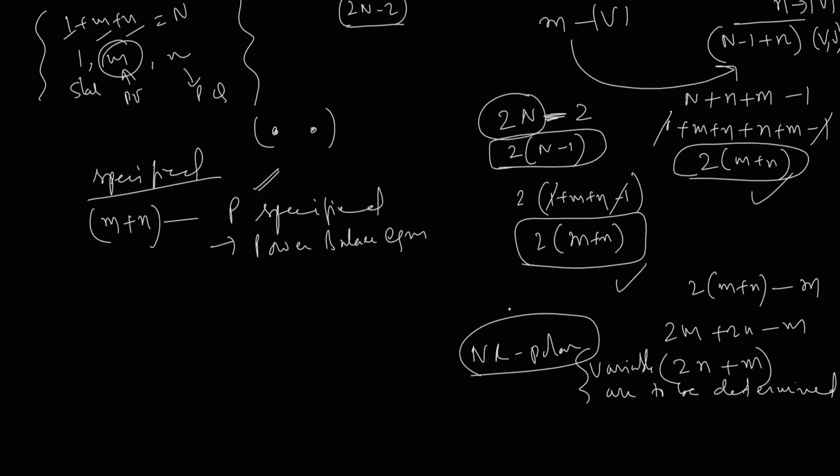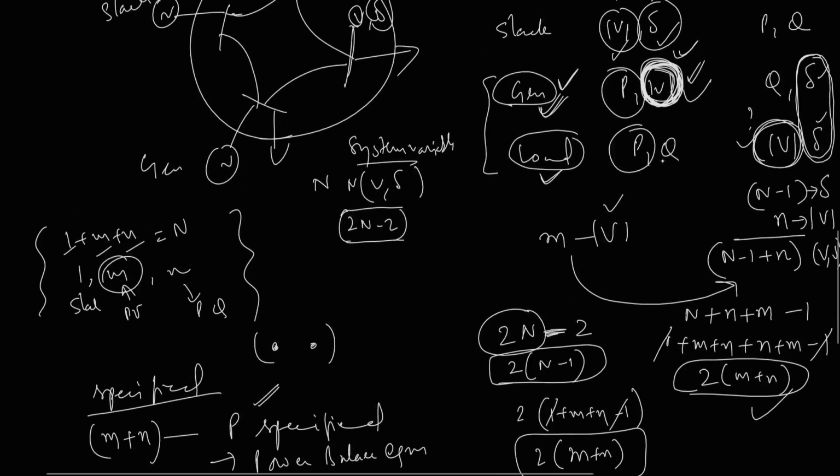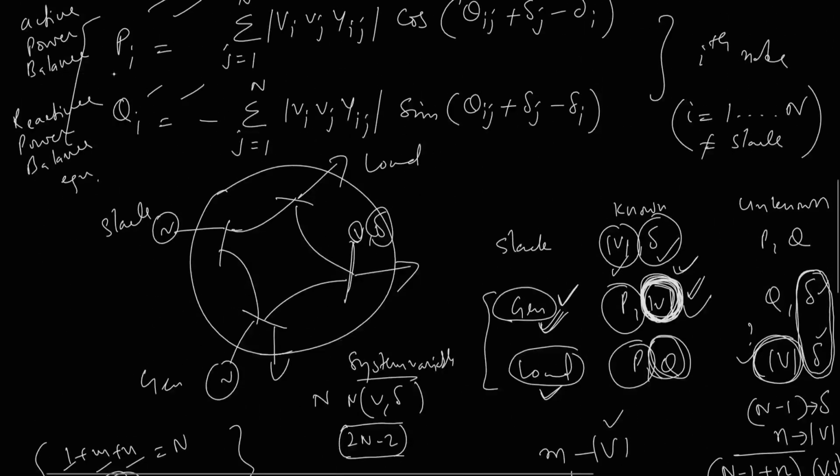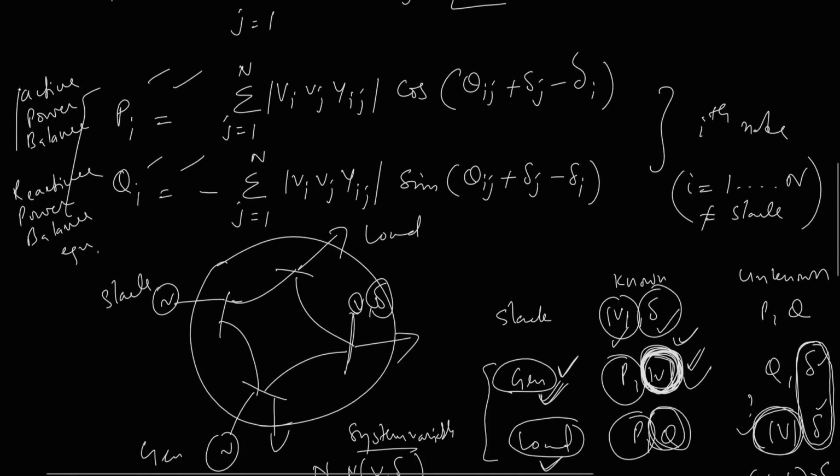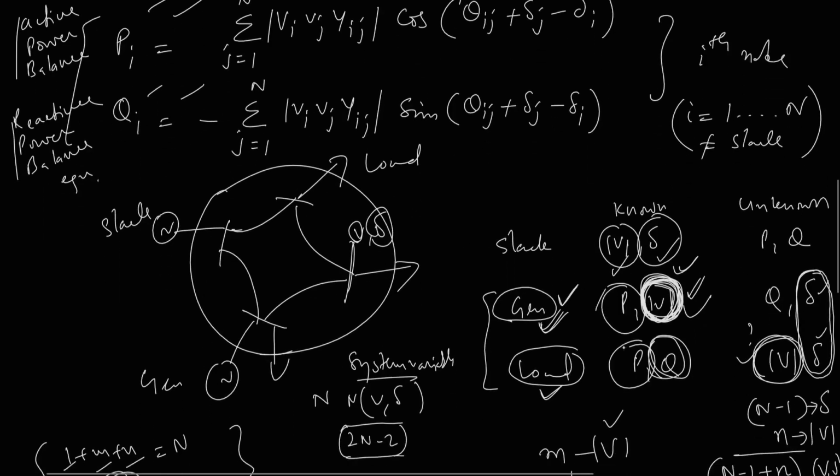Now similarly Q is also specified, because I can write down the power balance equations for active and reactive power at the buses. For those buses only where active and reactive powers are specified, I can compare the specified quantity with the calculated quantity and say whether this is converging or not converging, right?